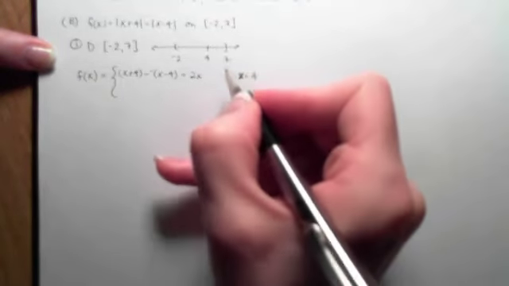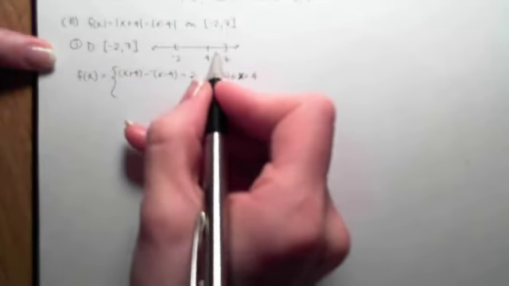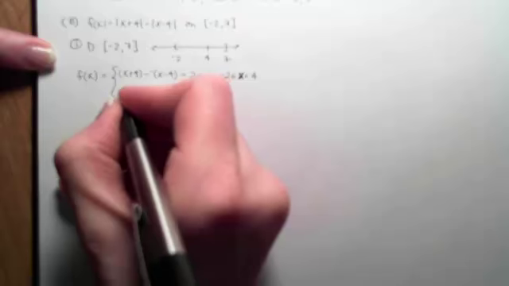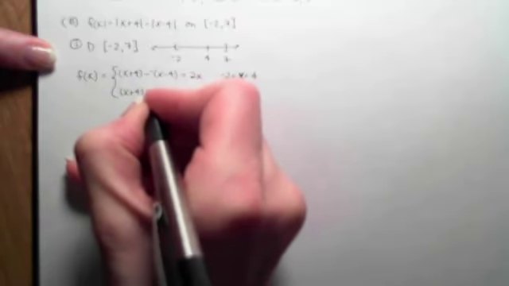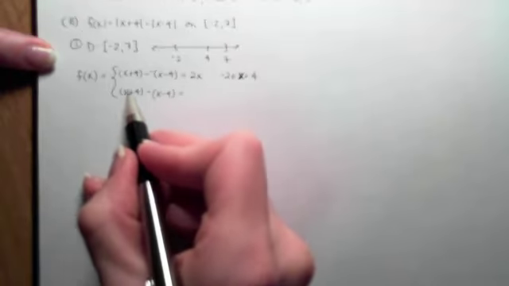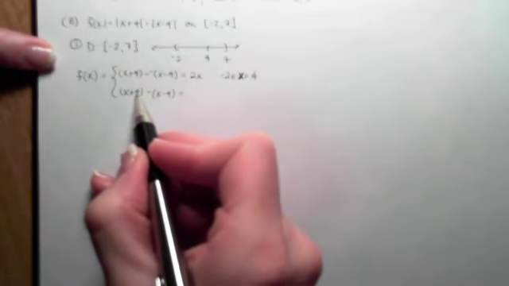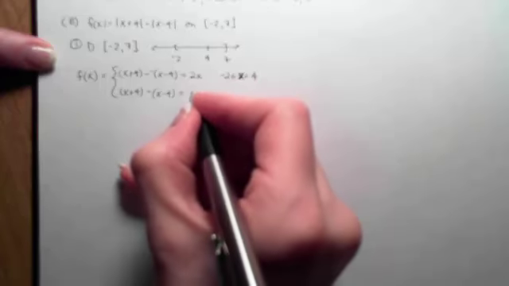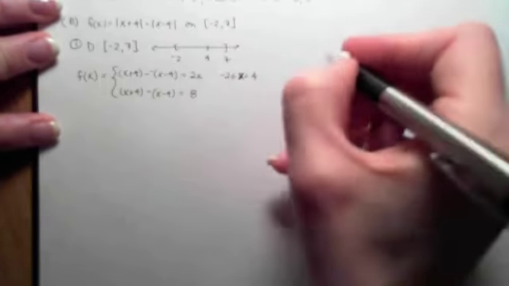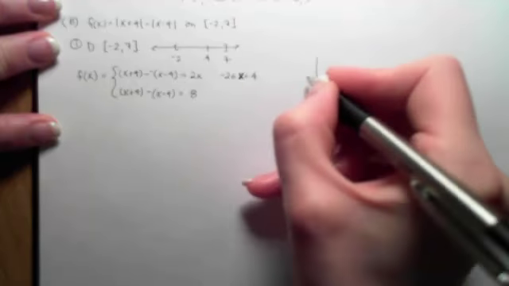For this branch between 4 and 7, say at 5, this will be positive and this will be positive. So those absolute values will leave both of them alone. If we look carefully, we'll have an x minus an x, they disappear, and a 4 plus a 4 will give me an 8.